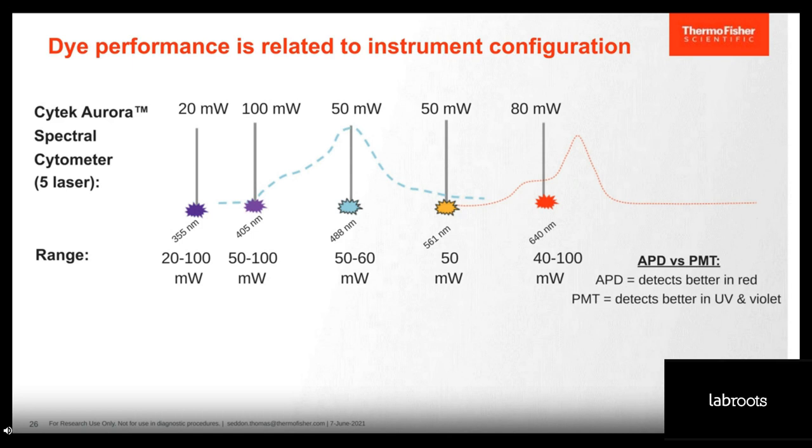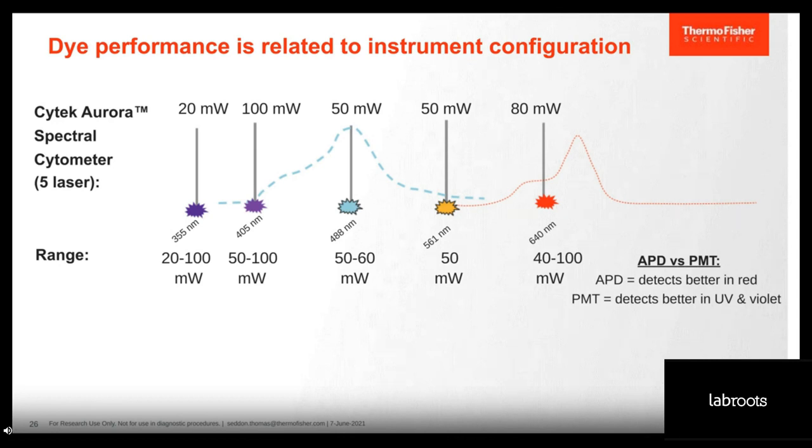not only because of the laser power that you have, but also because of the APDs, which are similar in a way to PMTs in that they detect the photons. You can see that APDs detect better in the red, and that's what the Aurora uses for the system, whereas PMTs detect better in the UV and the violet.